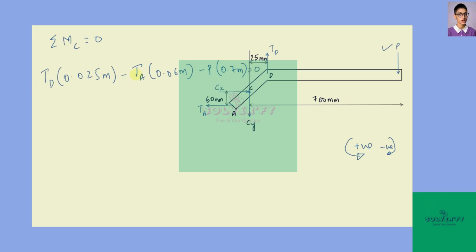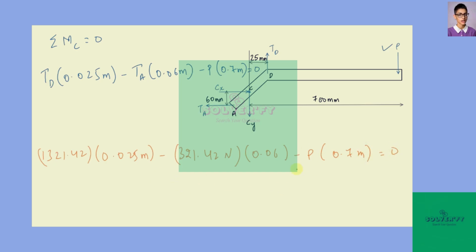So we know TD and TA, so we can plug them in here. TD we have calculated as 1321.42 Newton times the distance 0.025 meter, minus TA, which we have calculated as 321.42 Newton, times the perpendicular distance 0.06, minus P times this one, which is 0.7 meter, and it would be equal to 0.